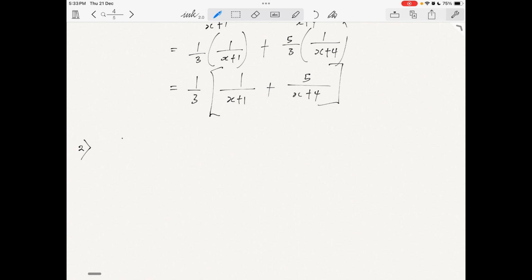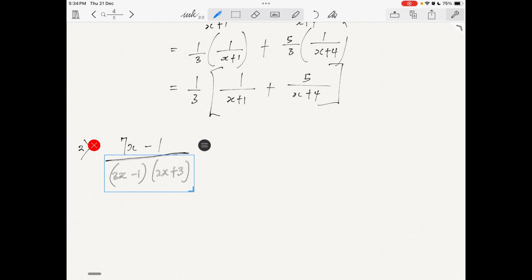Number 2: (7x - 1) divided by (3x - 1)(2x + 3). The first thing to check when solving partial fractions is the denominators.